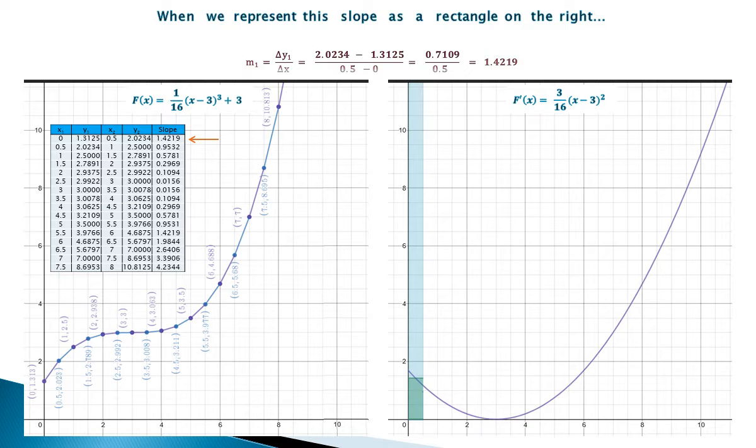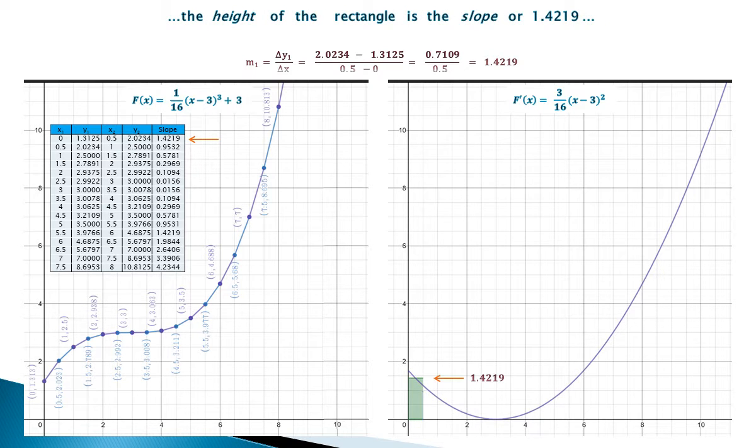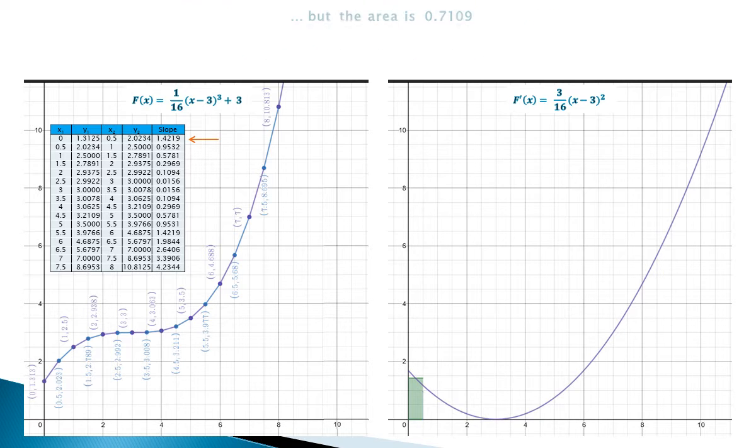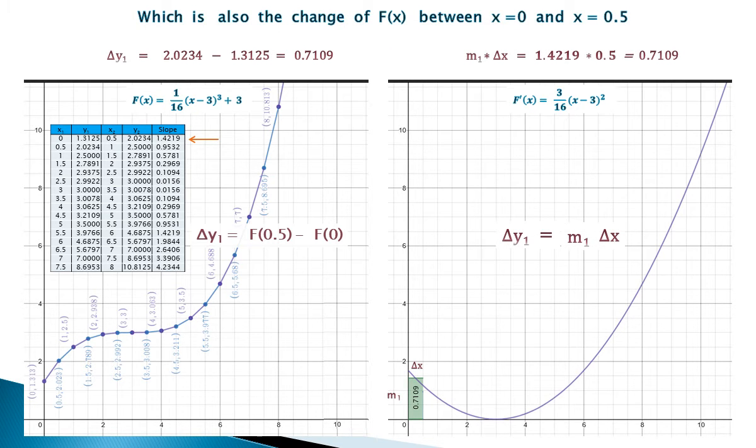When we represent this slope as a rectangle on the right, the height of the rectangle is the slope, or 1.4219, but the area is 0.7109, which is also the change of f of x between x equals 0 and x equals 0.5.